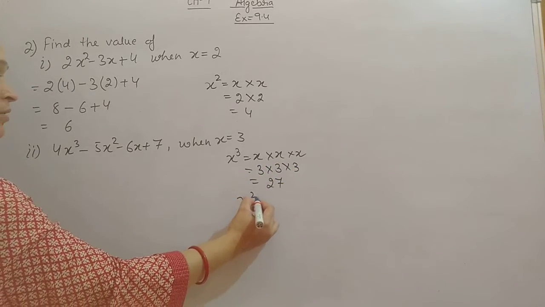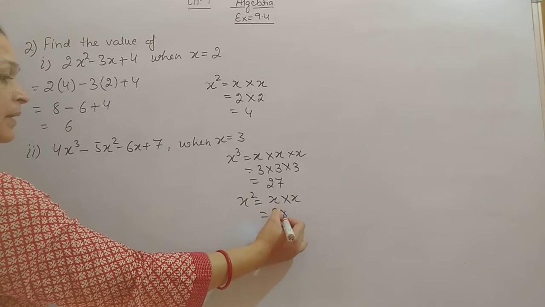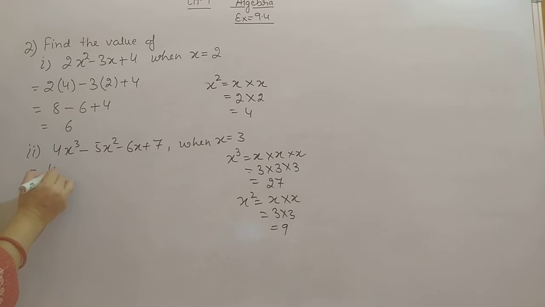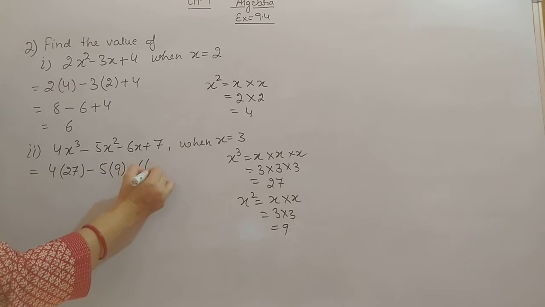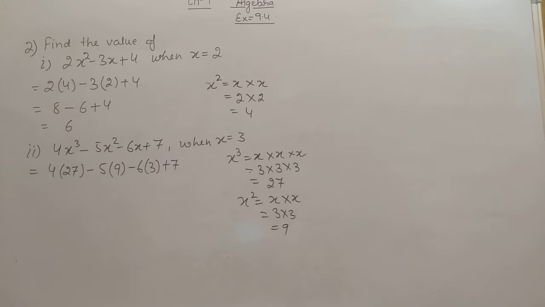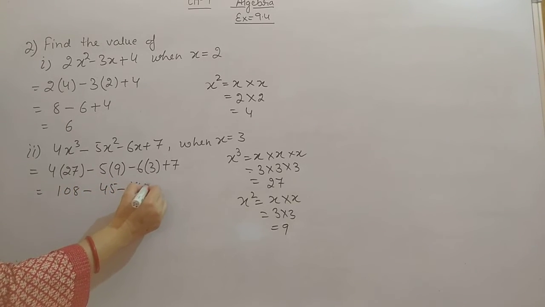And x square also we want. So x square means x multiplied by x, 3 multiplied by 3 equal to 9. Substitute the values now. X cube means 27, minus 5 x square means 9, minus 6 into 3, plus 7. 4 into 27 you have to multiply, 108. 5 9s are 45, minus 6 3s are 18, plus 7.